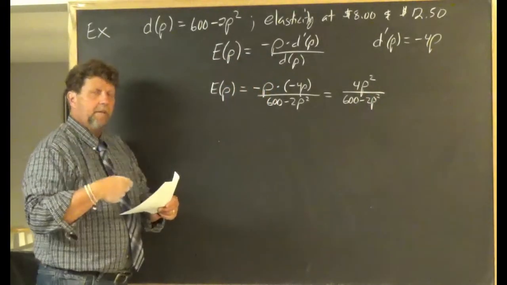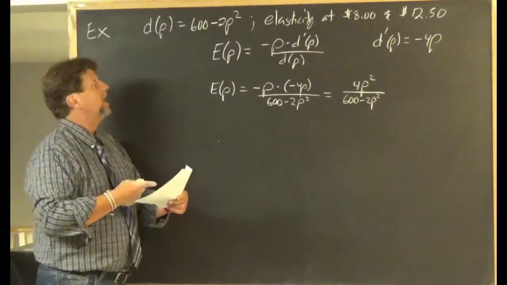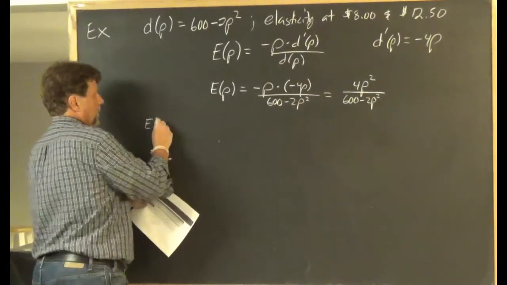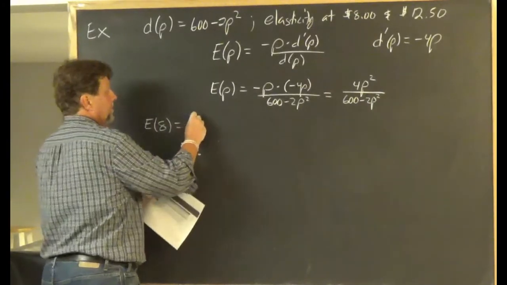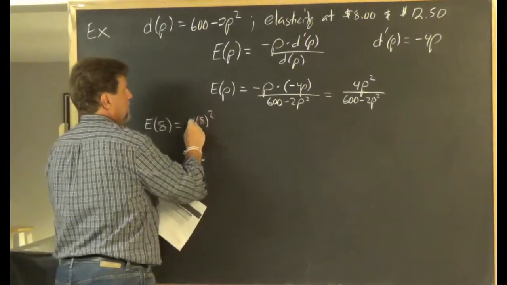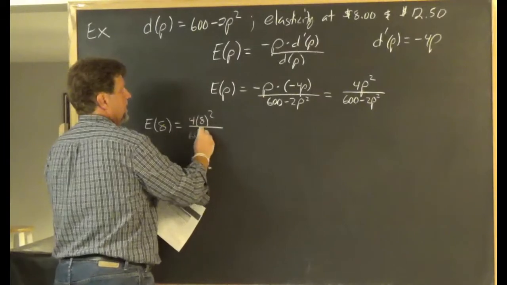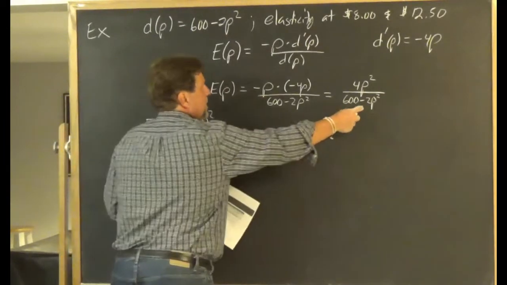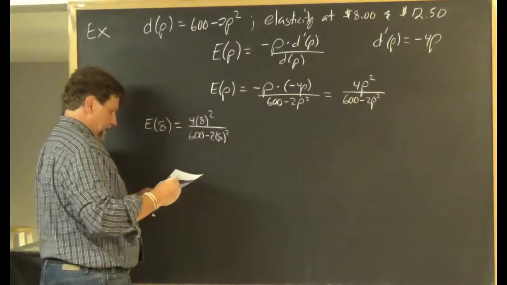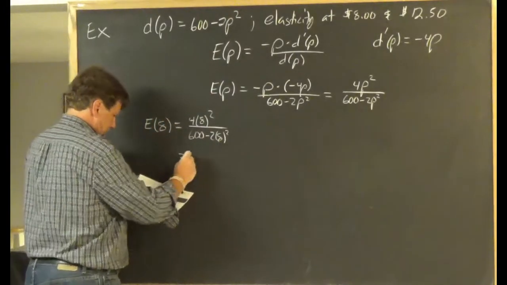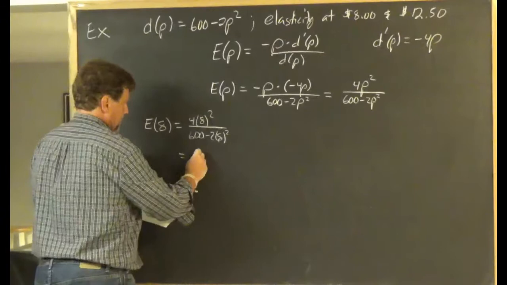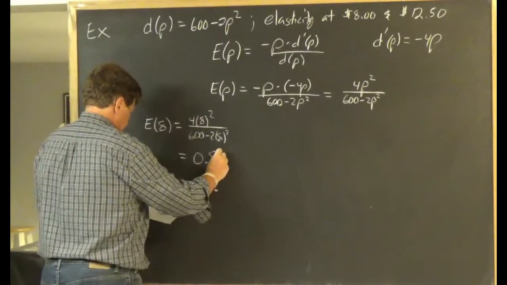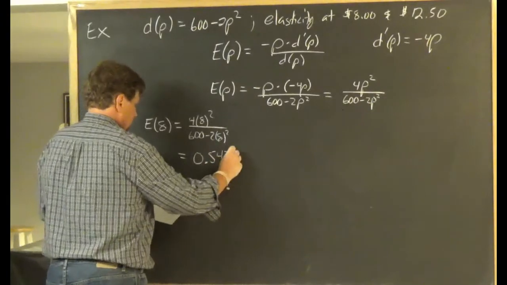So let's see what's happening when the price of the book is $8. We have E of 8 is equal to 4 times 8 squared over 600 minus 2 times 8 squared. Just tossing 8 in here for the P's. And I end up getting, as a decimal, going to round it off, 0.5424.